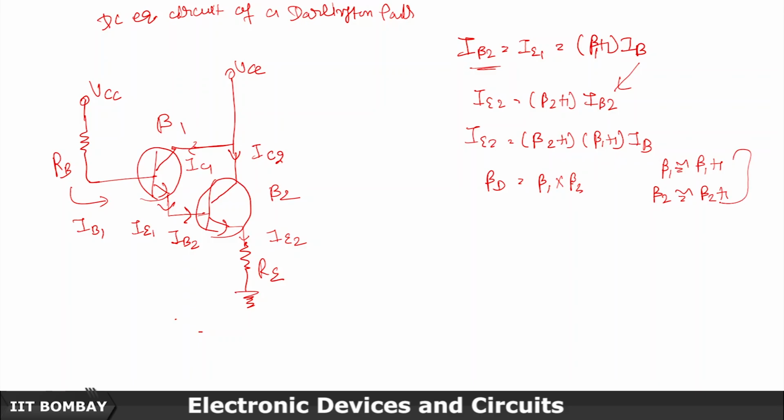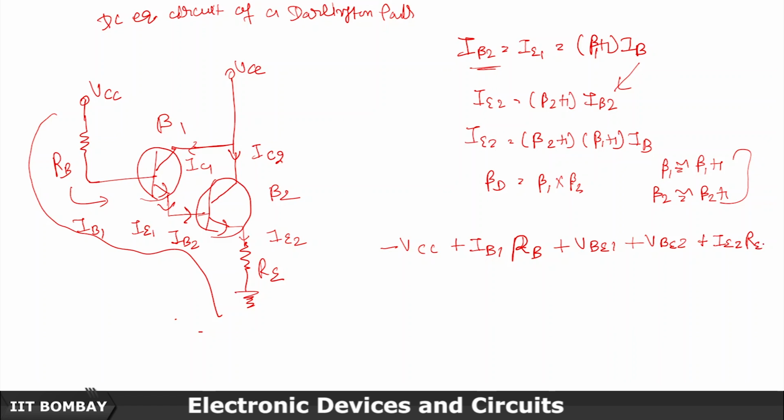Now we will apply KVL in this loop. So minus VCC plus the first current IB1 times RB, the base resistance, plus VBE1 plus VBE2 plus IE2 RE equals 0.